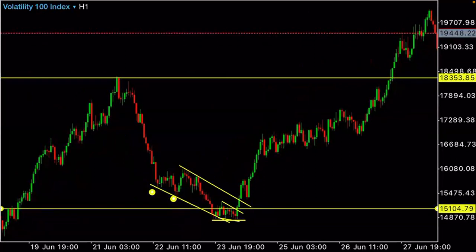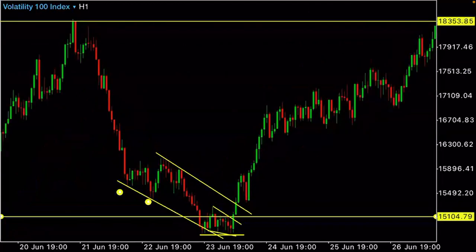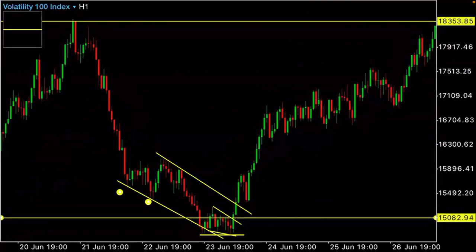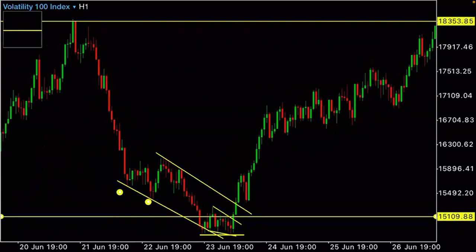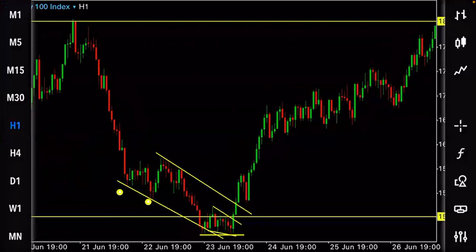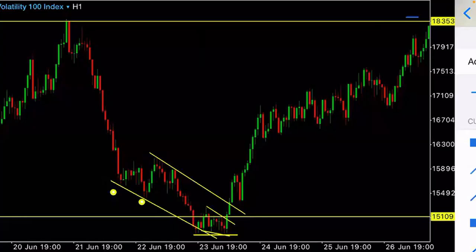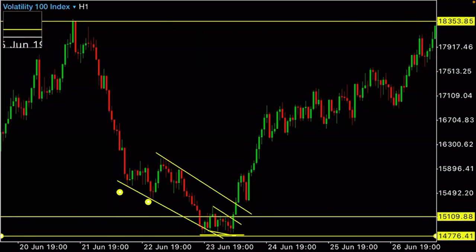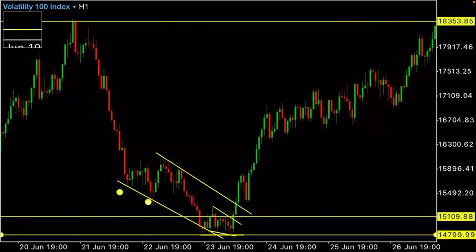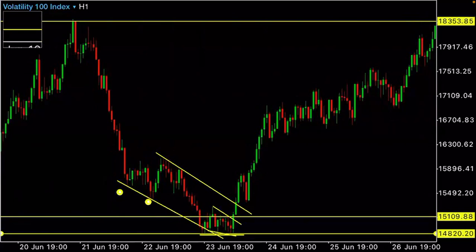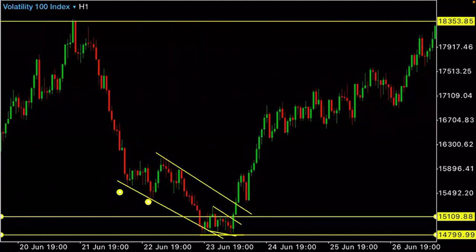Quality trade. Just imagine we put our buy stop here. This is the H1. We put our buy stop here. Let's say I do not have much money in my account. Let's put our stop loss at the bottom of the structure there. Let's calculate our stop loss first.